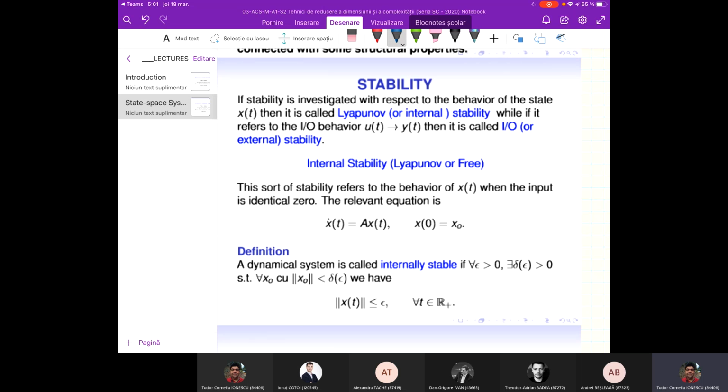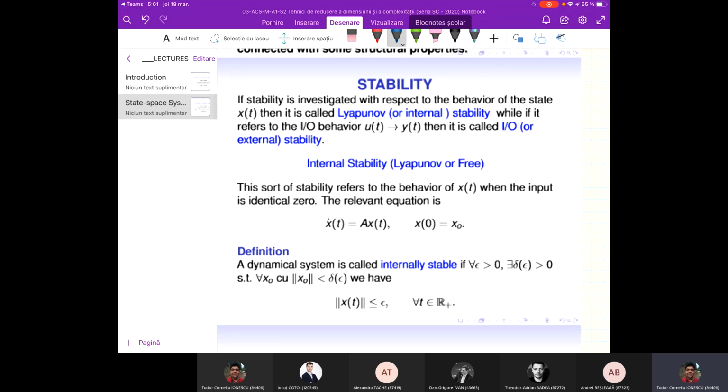In this lecture, we are interested in internal stability of the dynamics. So internal stability, Lyapunov or free stability. We call it free because internal stability does not depend on the input at all. The input in the discussion of internal stability is totally irrelevant.